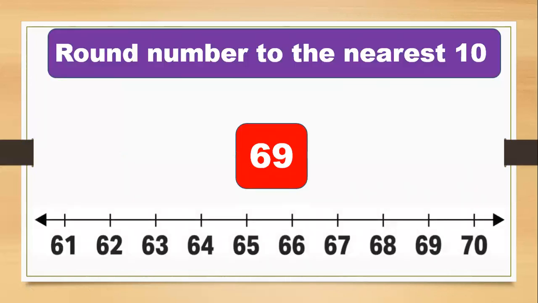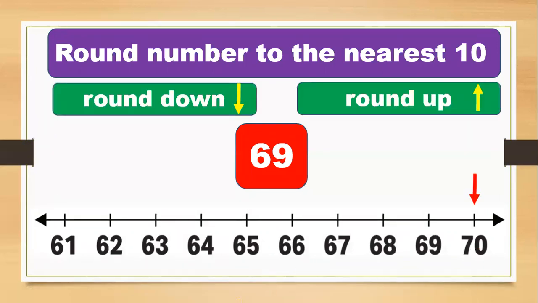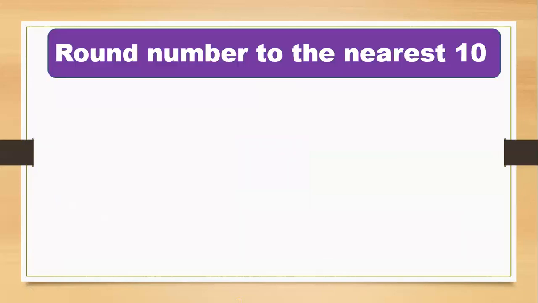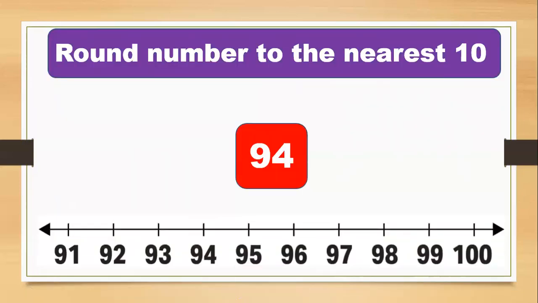See this example, 69. What is the midpoint? 65. 69 comes after 65, so you have to round up to 70. Now see this example, I have the number 94. What is the midpoint? 95. You have to keep the 5 in your mind, 5 will be the middle number.